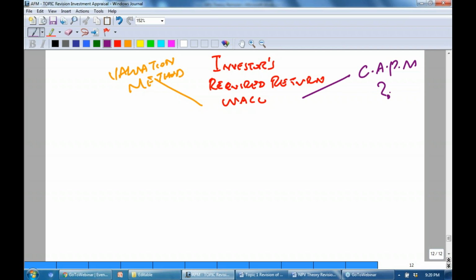What is the reason for the capital asset pricing model? The reason is very clear.